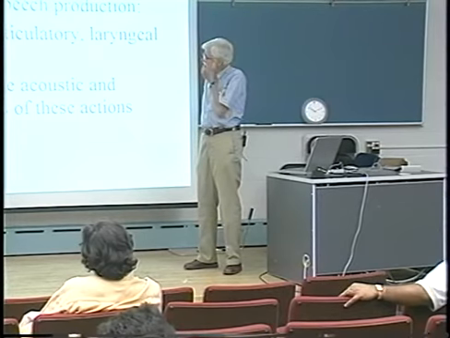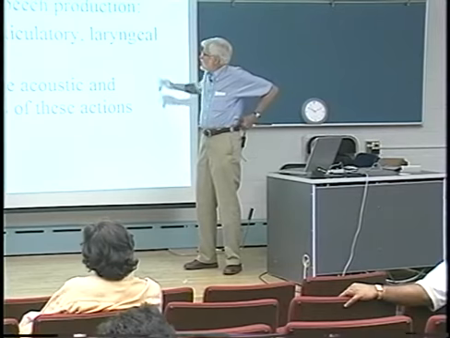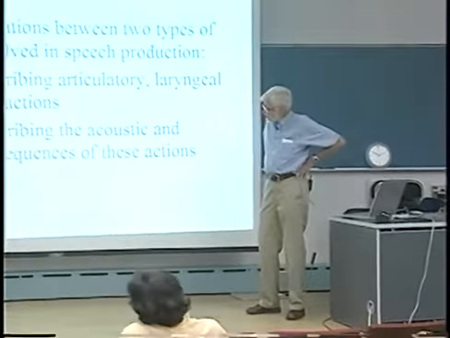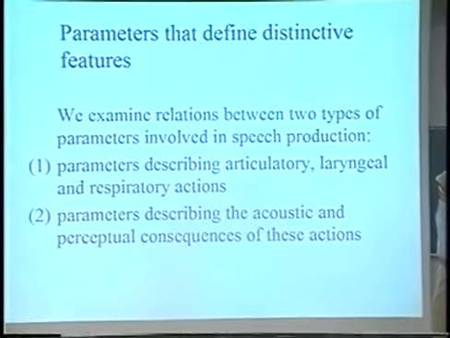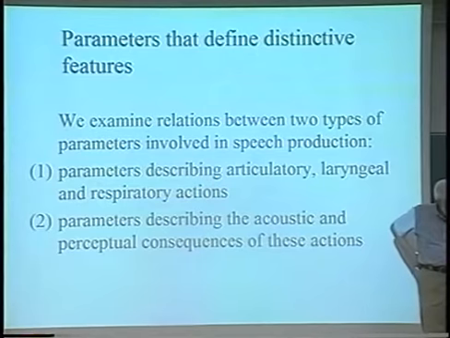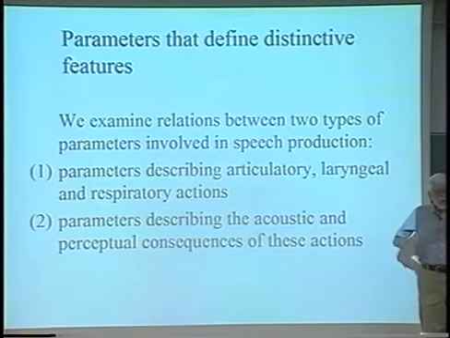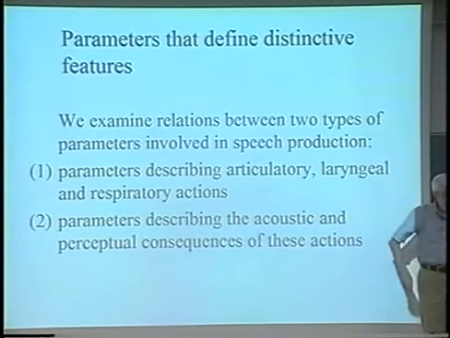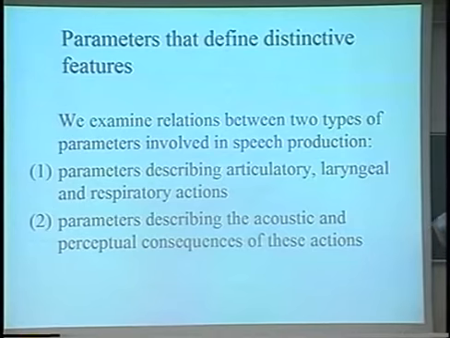justification for these features. So in doing that, we examine the relations between parameters that describe the articulation and parameters that describe the acoustic and perceptual consequences. So we're studying, if you move the articulators around, what's the relation between the articulator movements and the acoustics that come out.